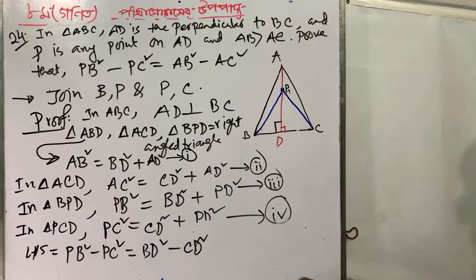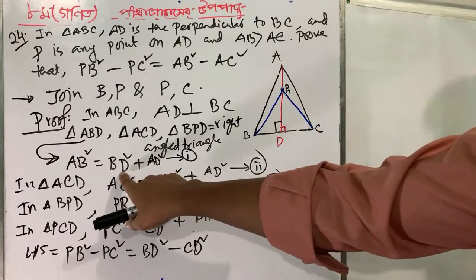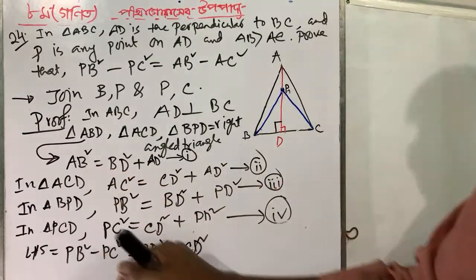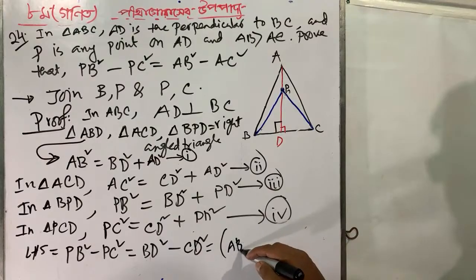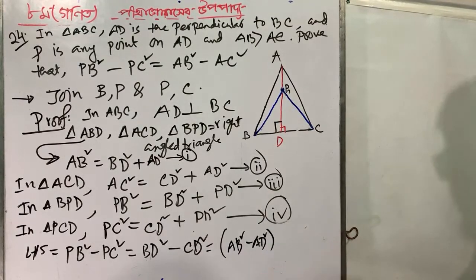So how can we do it? We plug in the value of BD square from equation number 1. BD square is AB square minus AD square. So definitely use side notes.